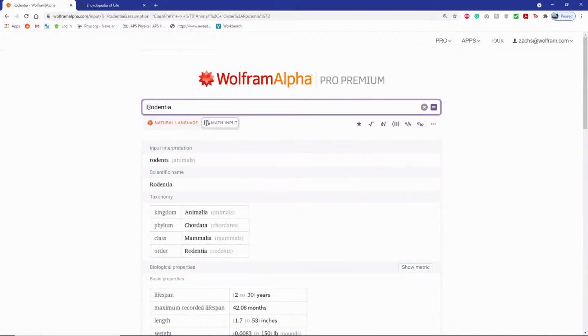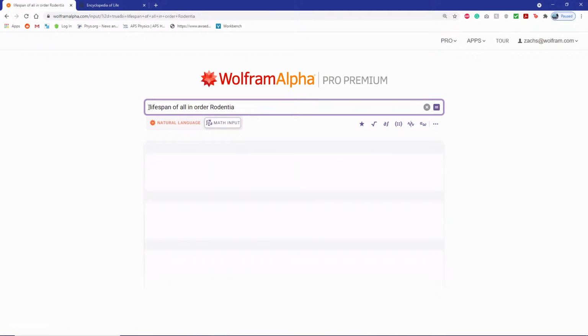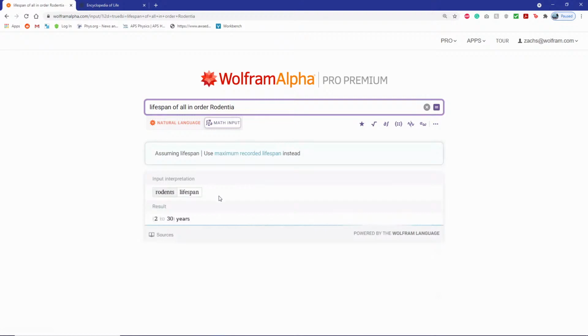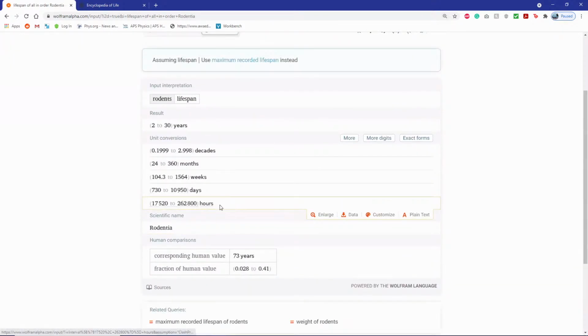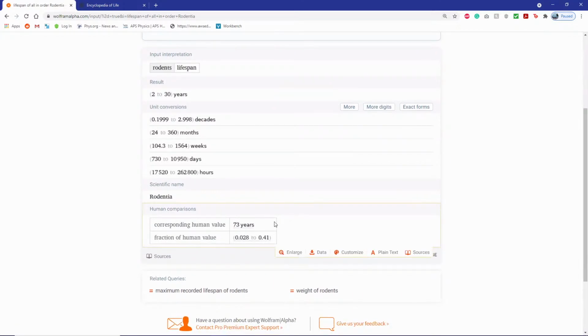Now, I believe you can also look up the lifespan of all animals in this order. Pretty sure it'll display the lifespans of every creature we have. Oh, it just gives a general range: they live between 2 and 30 years. That's cool. We have a human corresponding value.